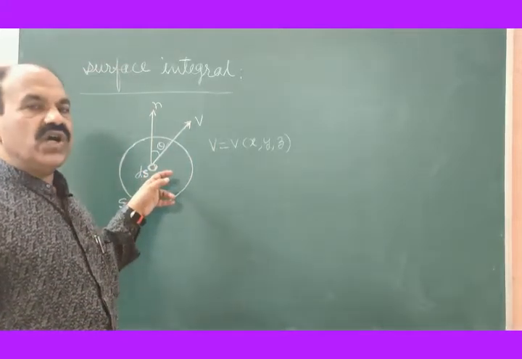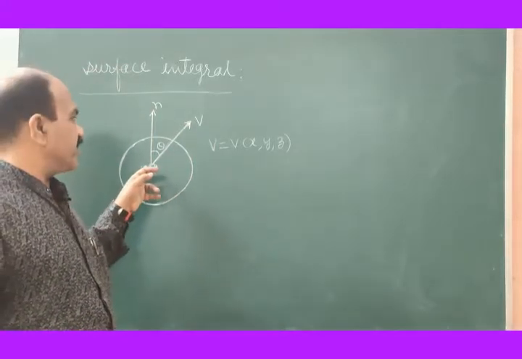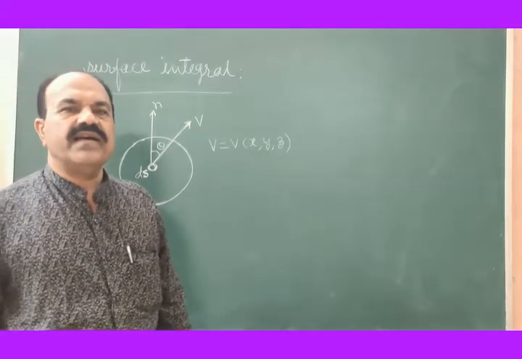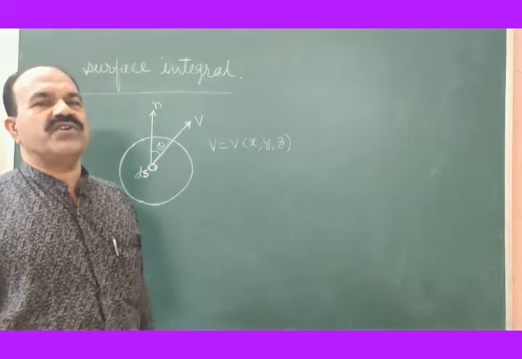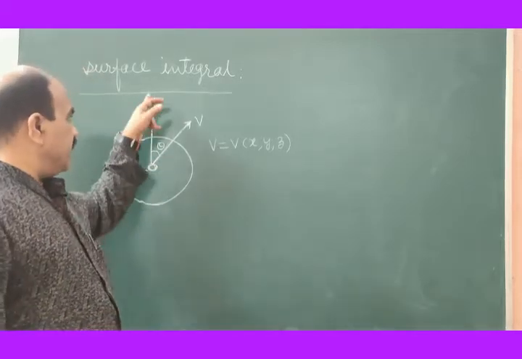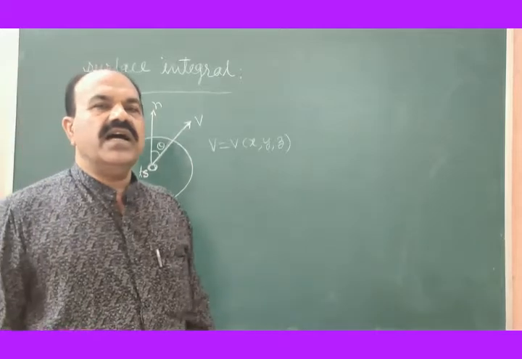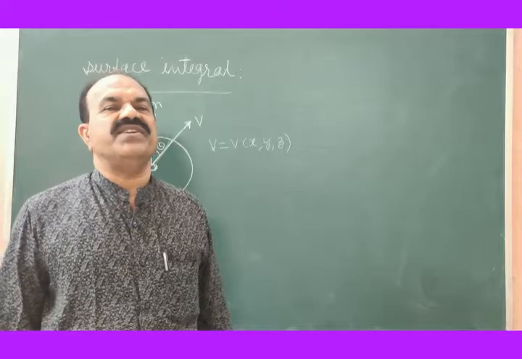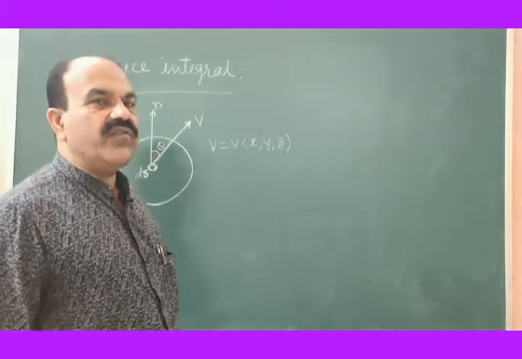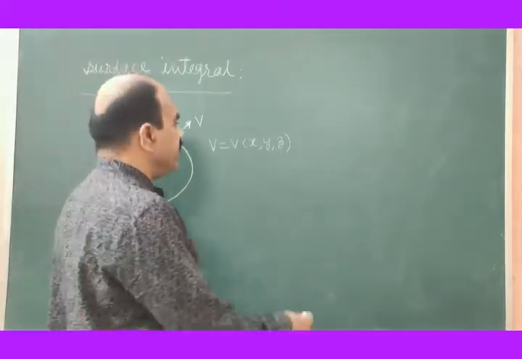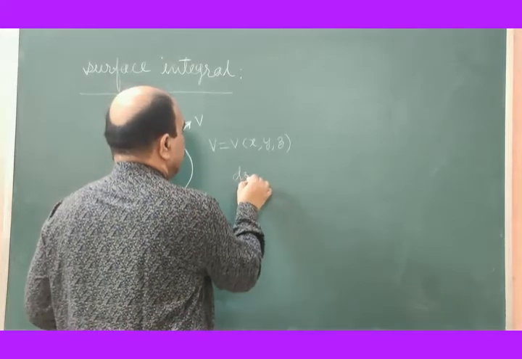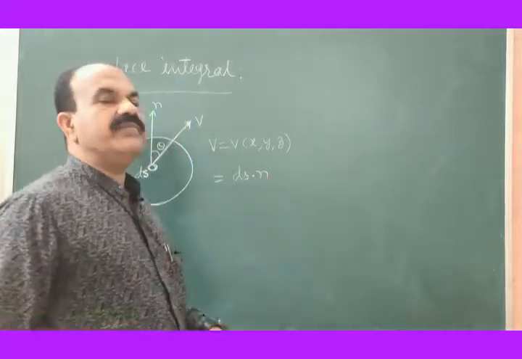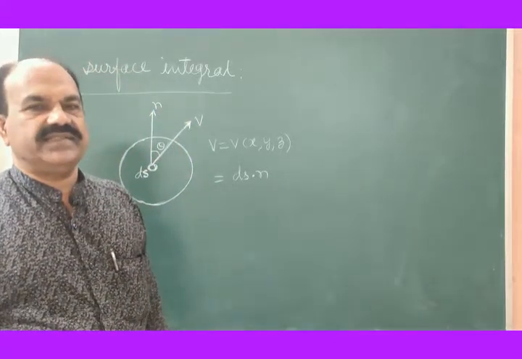At a point on surface element ds, this V gives the vector point function. This n is a unit normal to the surface element ds, and therefore, the surface element ds may be represented by ds dot n.